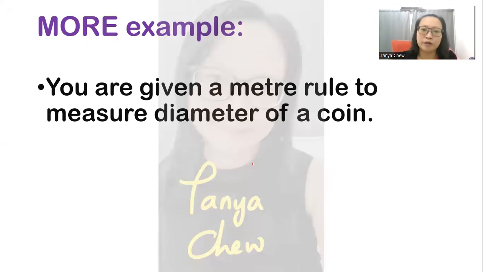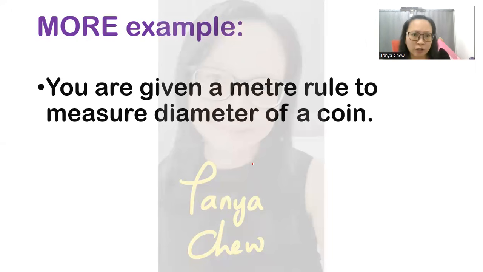For example, you are given a meter rule to measure the diameter of a coin. This small little coin here, and you're given a wooden meter rule to measure the diameter of the coin. They're supposed to give you a vernier caliper or micrometer, don't you think so? But you can do nothing about it because that's the apparatus that you are given.